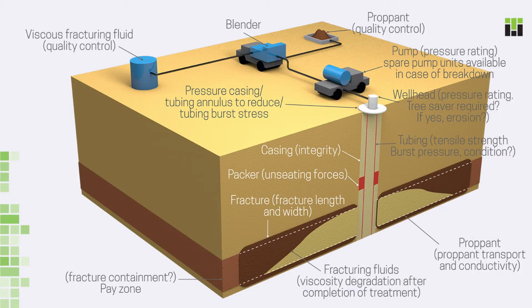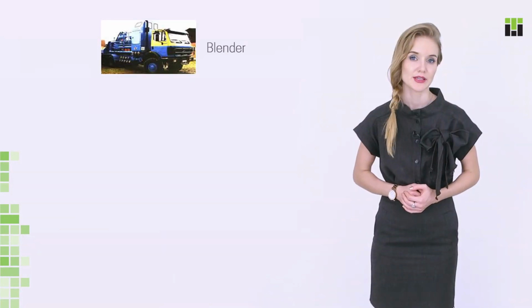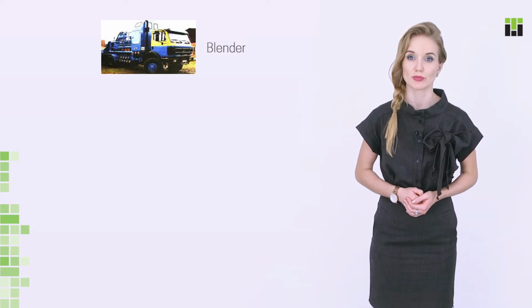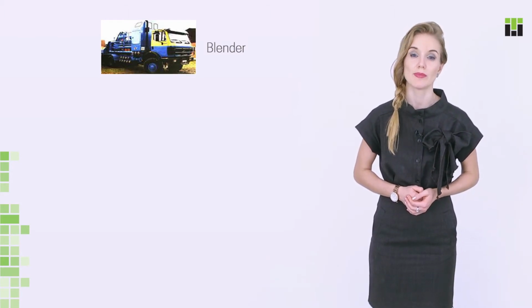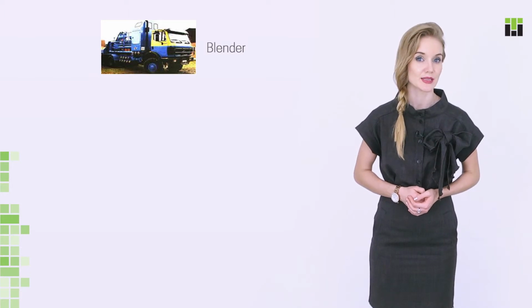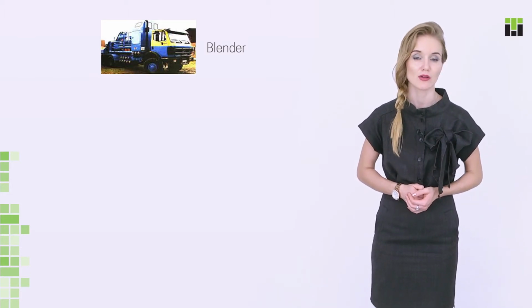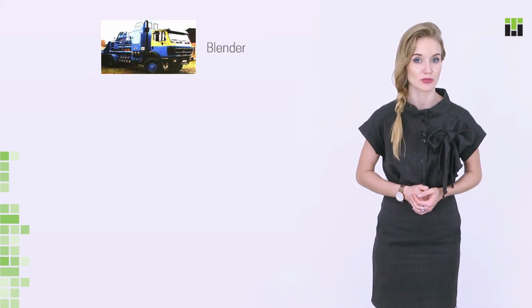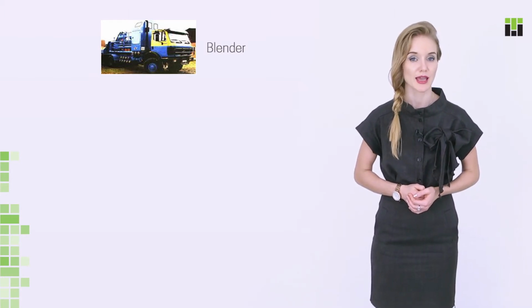Please pay attention to the schematic that shows fracturing equipment arrangement on a well site. Blender is a truck-mounted device that mixes technical fluid with proppant and chemicals and then sends this mixture to the pumping station. It is the most important component of a fracturing system, which should provide a good quality blend of fluids, propping agent, and chemicals.